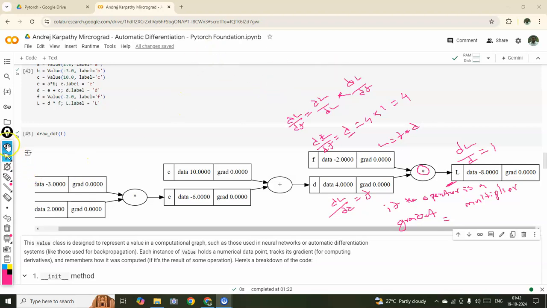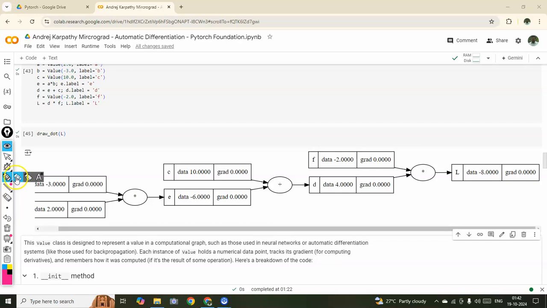In this part 2, I want to suggest only one thing. First, any operation we have to make into a computational graph. You will know how we do that.